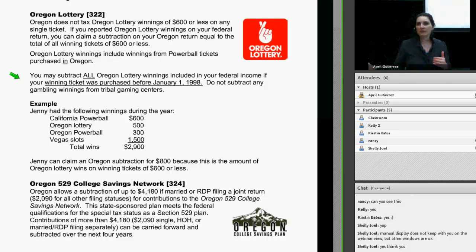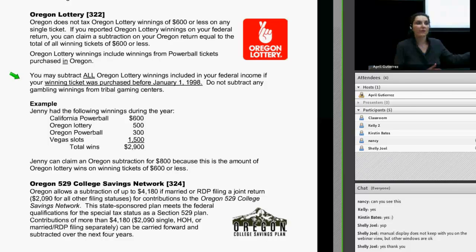And because they're receiving it over that period of time, it's possible that you could have a person in the year 2010 who is reporting on their tax return income received in 2010 for a winning ticket purchased before 1998. And if that's the case, that's 100% subtraction for that winning ticket regardless of the amount received in the year.